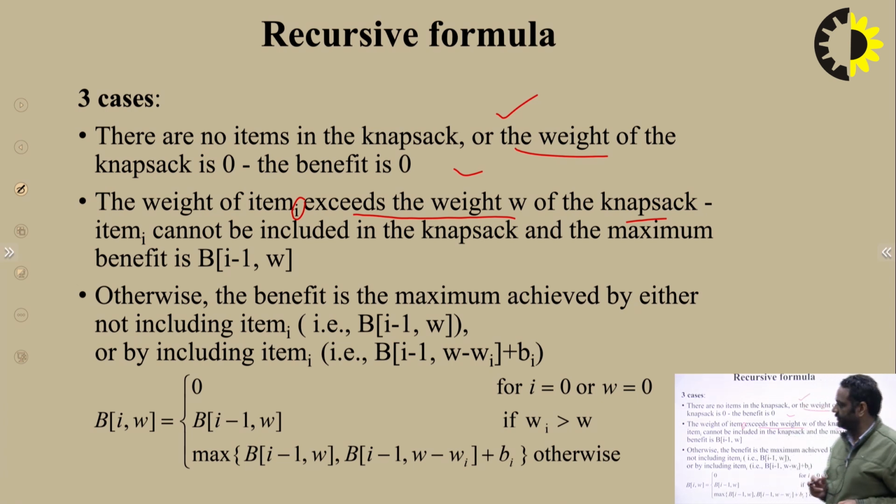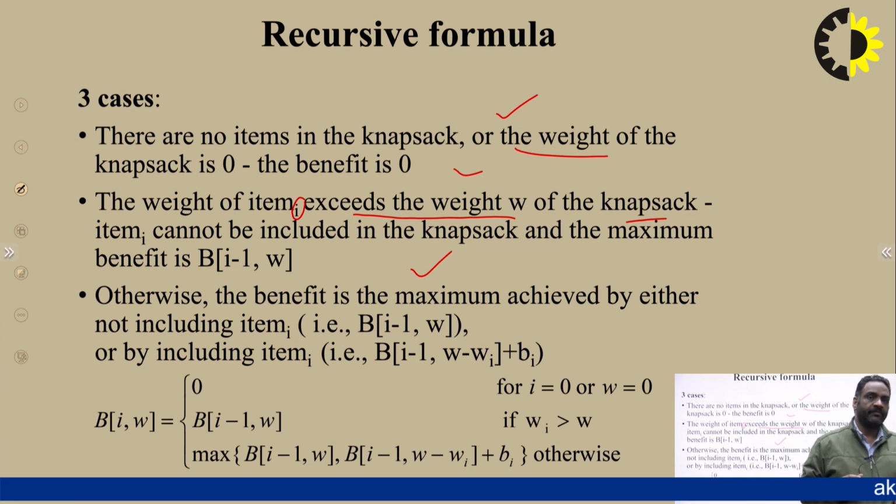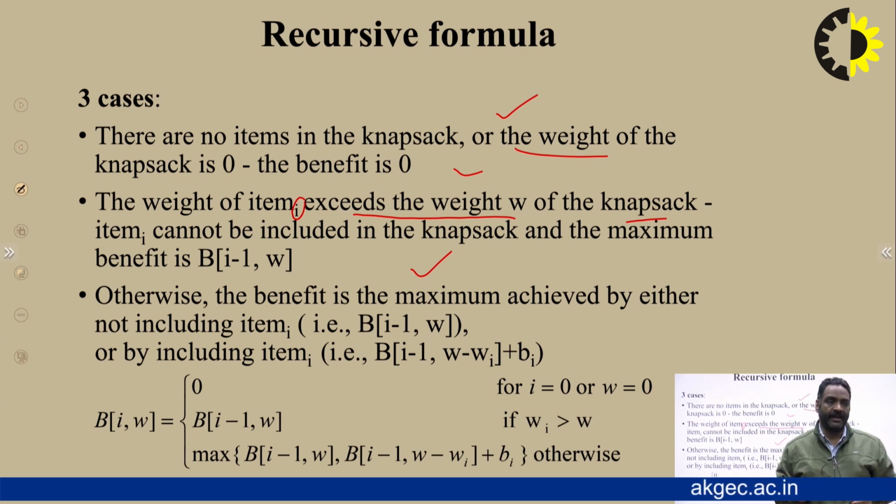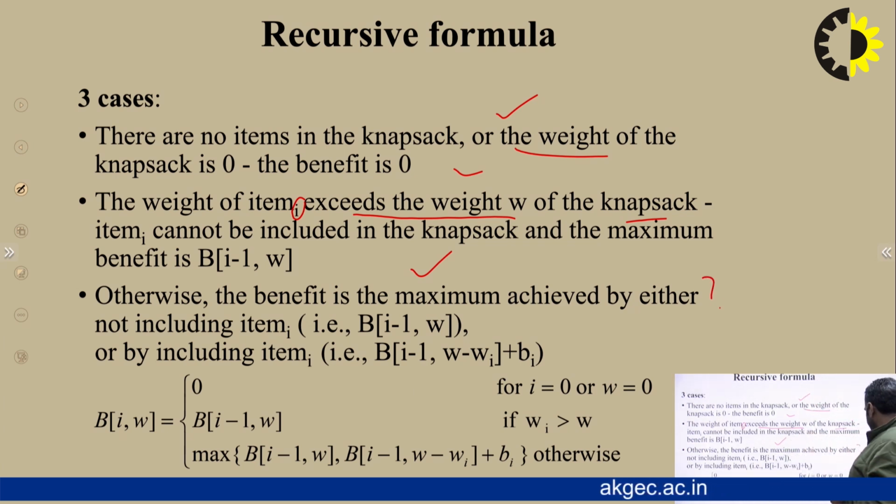In the first scenario, we are not including any item, so the benefit remains 0. The second scenario is a case having an item of weight more than the capacity of the knapsack, and we cannot include this kind of item.